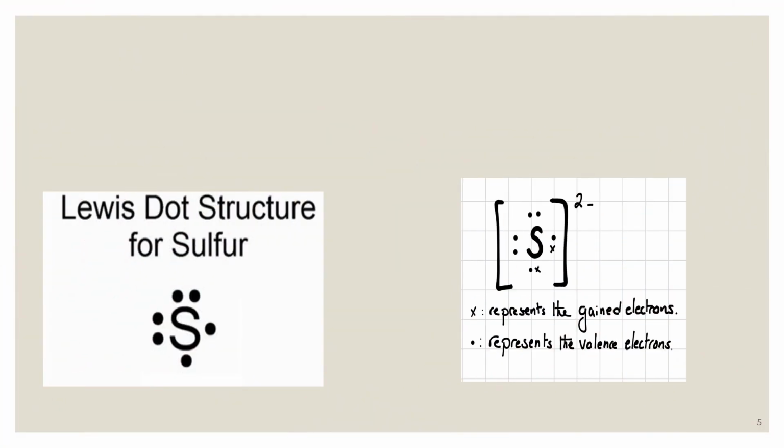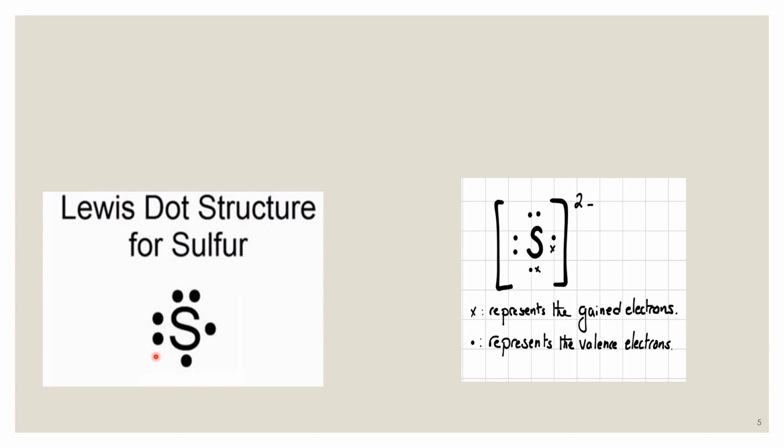The next important one is the Lewis dot structure for sulfur. Sulfur atomic number is 16, so 2, 8, 6 is the electronic configuration. It has 6 electrons in the valence shell.